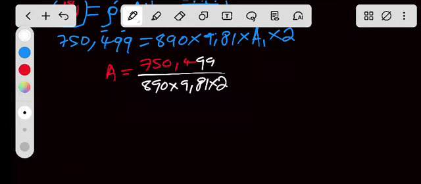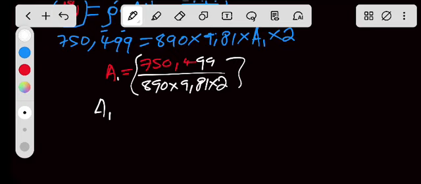Alright, so we'll obtain the area there. Let's try and obtain the area that we get.